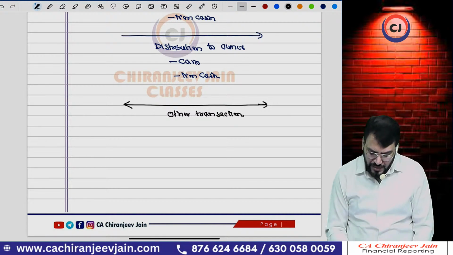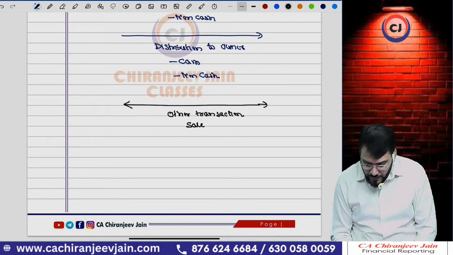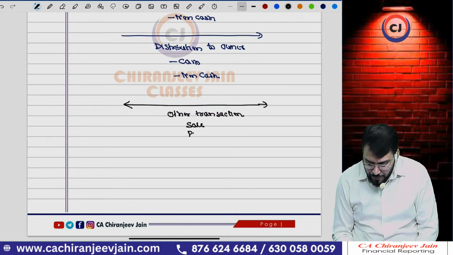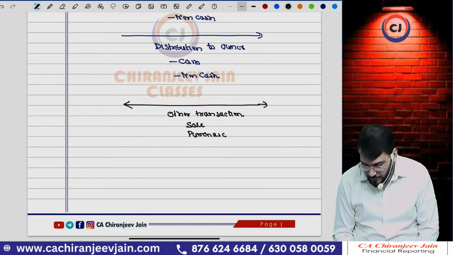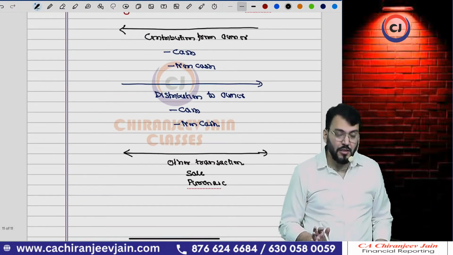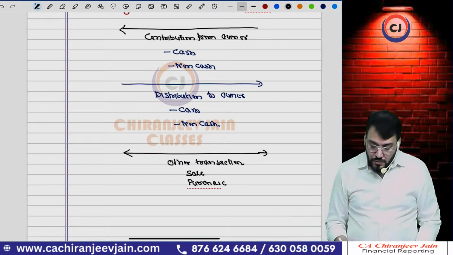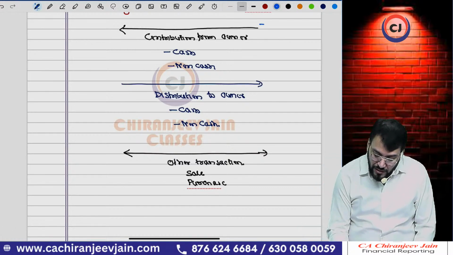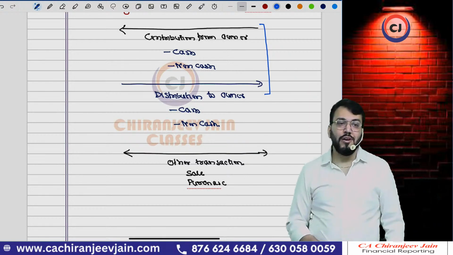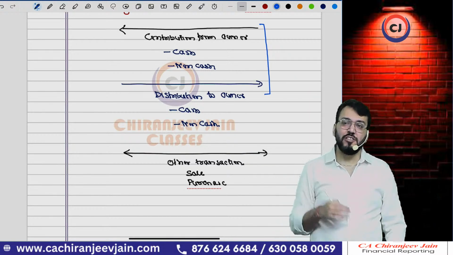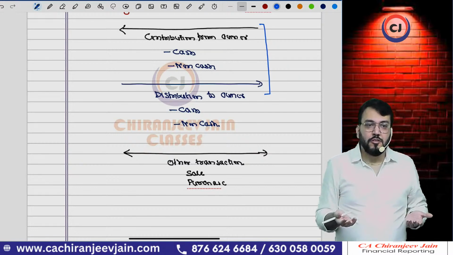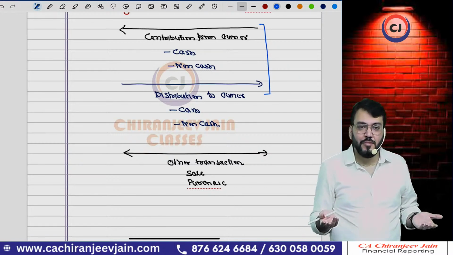Other transaction. It can be sale. It can be purchase. It can be loan given, whatever. Understood? You can see these two transactions are one way. Means contribution received, so nothing is payable now.